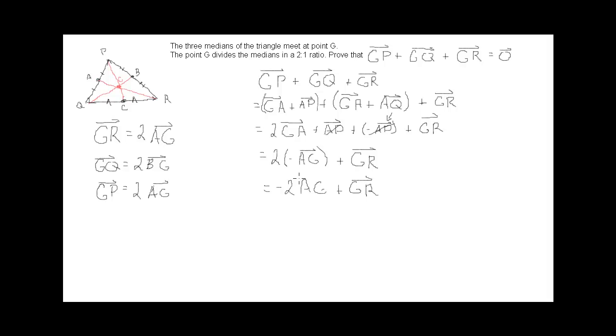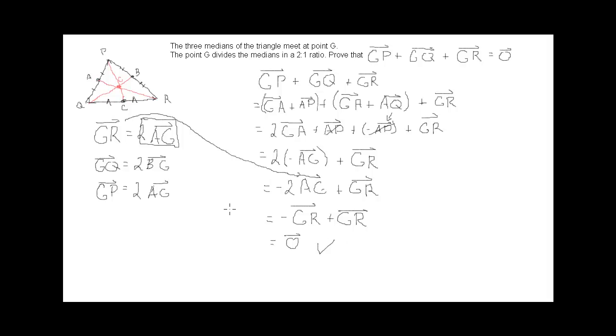But what is 2AG? 2AG is equal to GR. Therefore, negative GR plus GR equals the 0 vector. So this original sum is equal to the 0 vector. So we're good. We proved it.